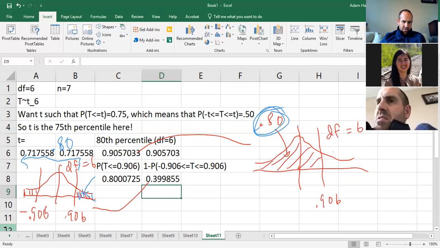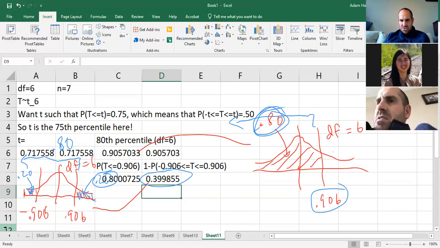So 80% is what we discovered was to the left of this thing. Then 20% to the right. Does that make sense? Yeah. 20% to the right, what percent would be down here? Well, another 20%. The answer ends up being 40%. Does that make sense? Yeah, it does.